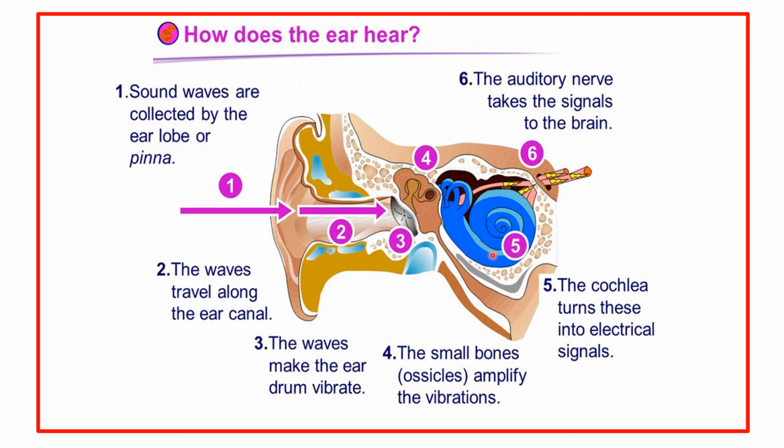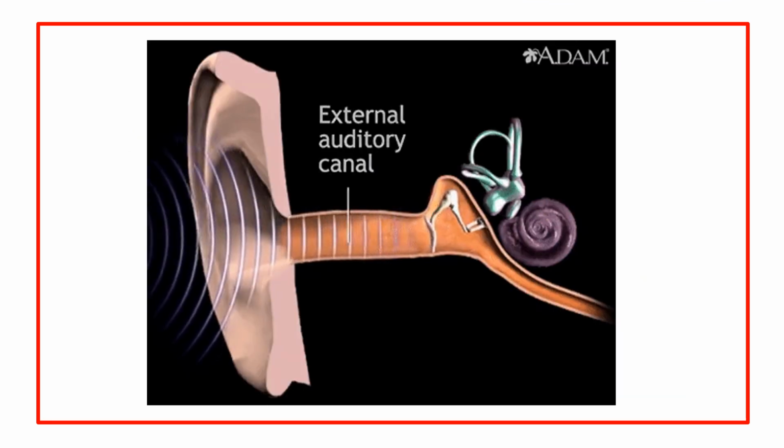And then the vibrations will go to the cochlea, which is the main organ for hearing, and it will turn the sound waves into electrical signals. And these electrical signals will travel into our auditory nerve to the brain, and the brain will be able to analyze. This is how it looks like.